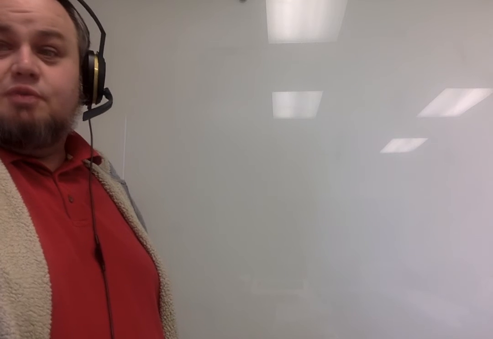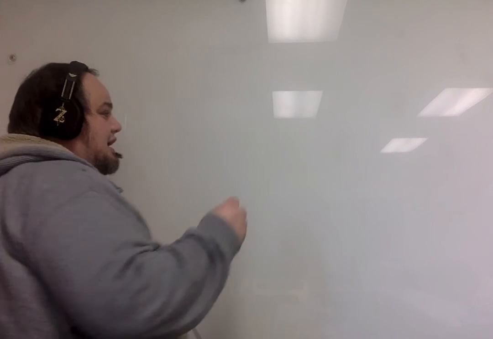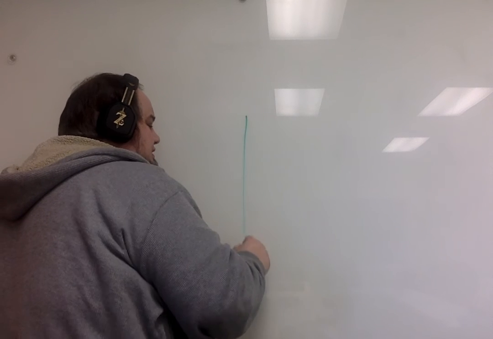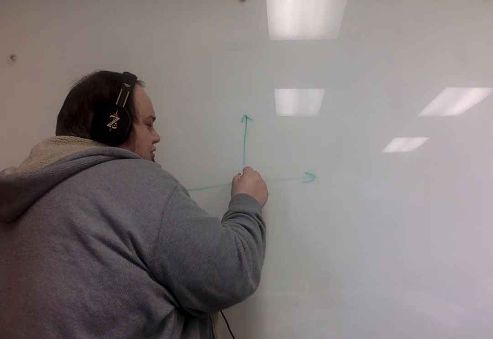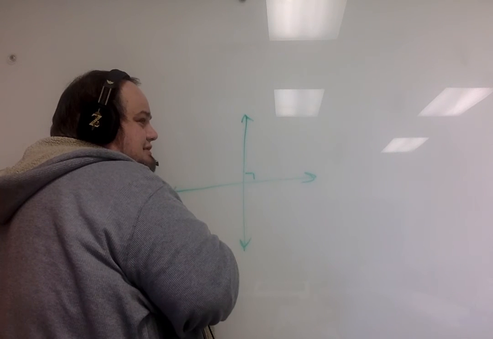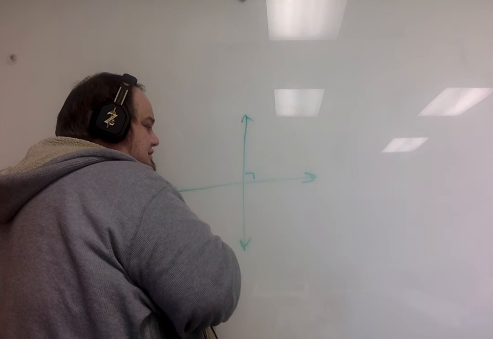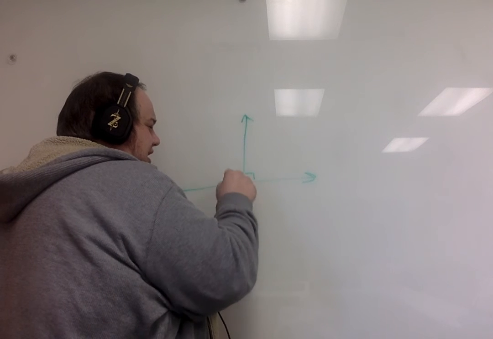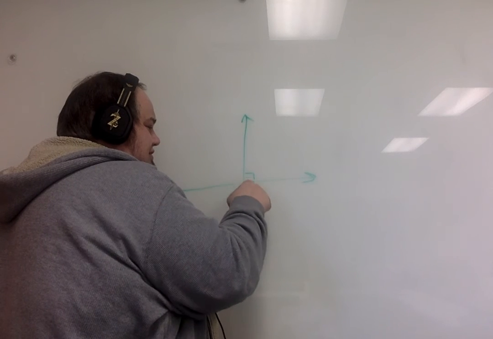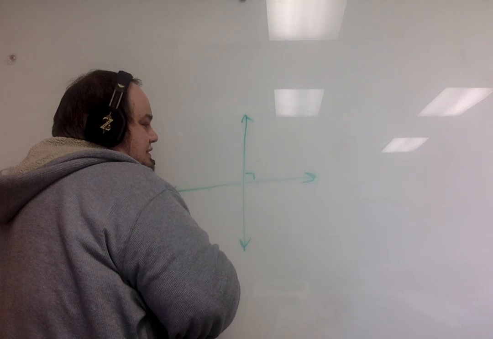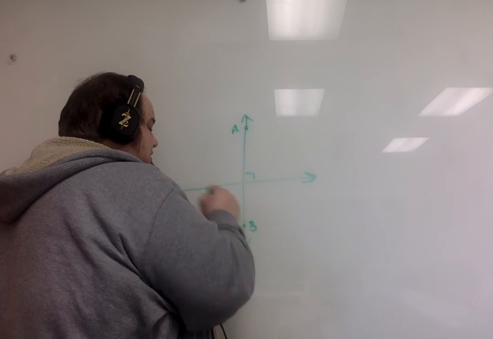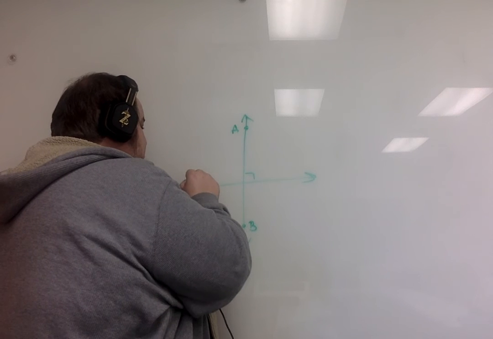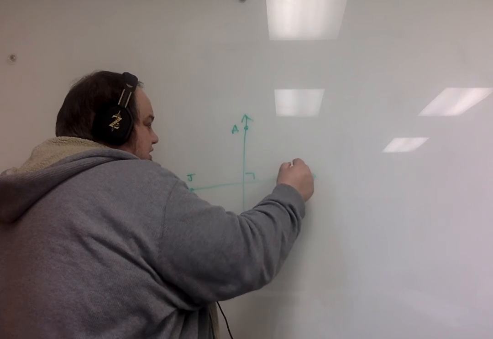So the next one is perpendicular. Perpendicular lines are lines that intersect to form right angles. So a right angle, the symbol is this little box that you'll see in one of the angles. So that would mean that these are right angles because one of them is a right angle, all four of them have to be. So let's say this is line AB, and this is line JE.